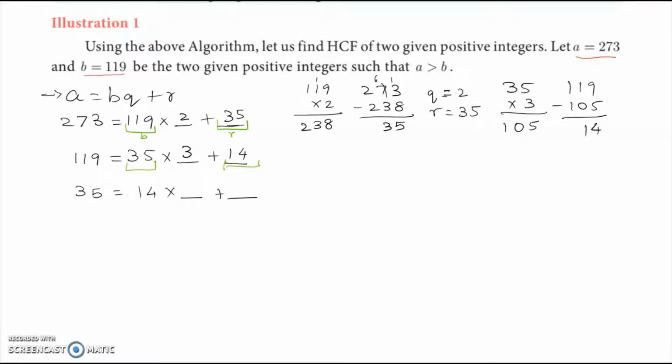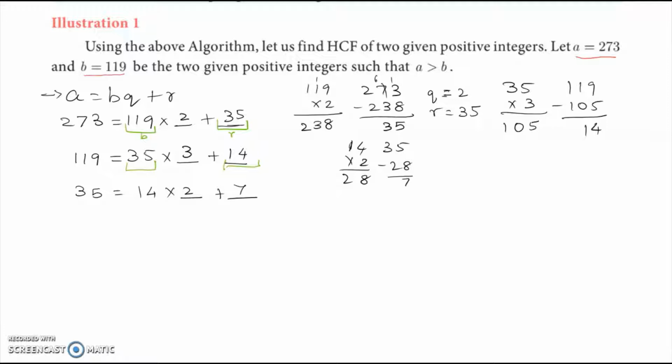And 14 times 2 will give you 28, and 35 minus 28 will be 7. So we write here 14 times 2 plus 7.